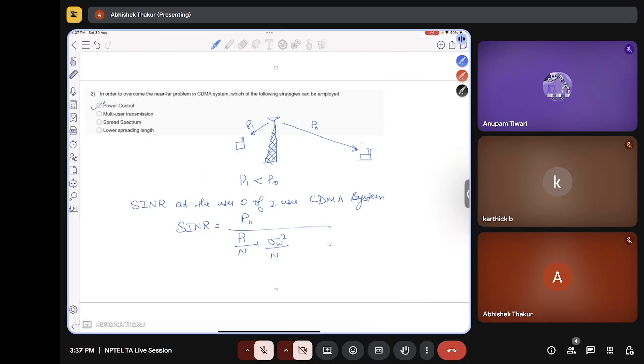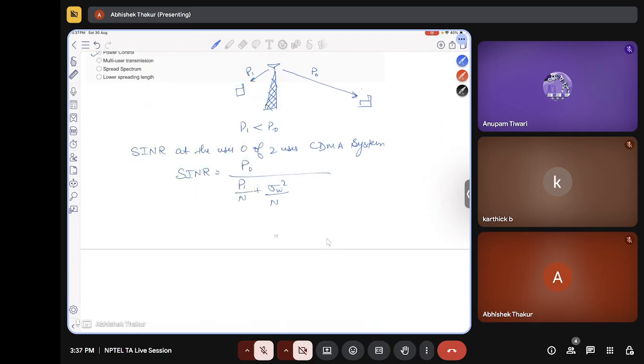So okay, so this is SINR. Now let's suppose this user is situated at d1 distance, and this user is situated at d0 distance, and let's suppose d0 is equal to square root of n d1.